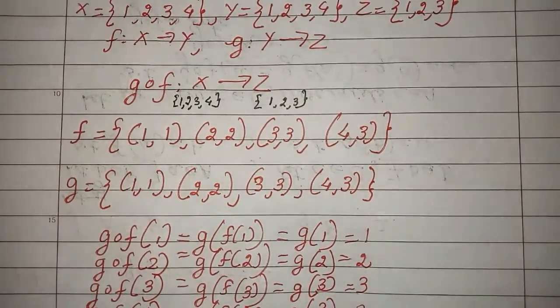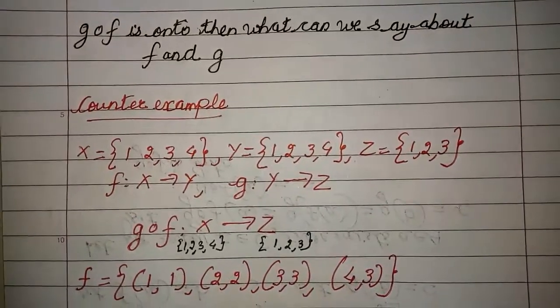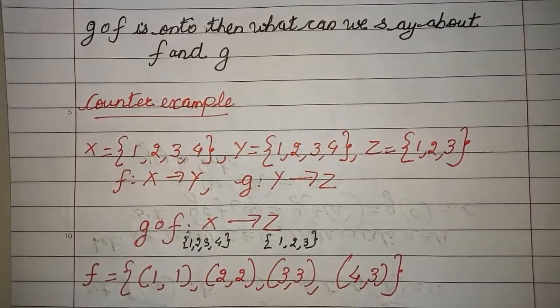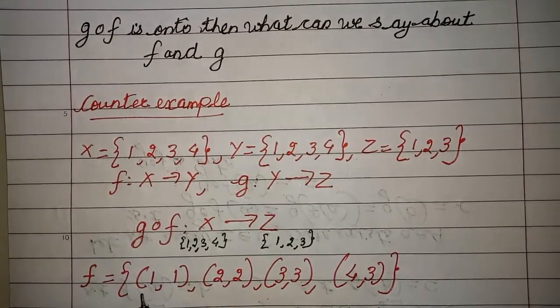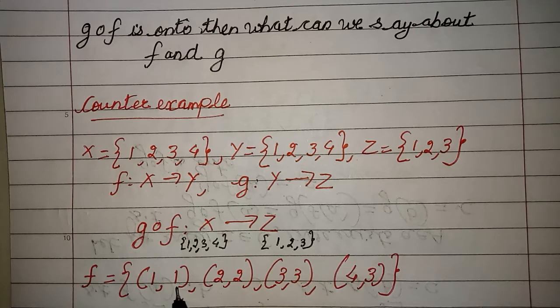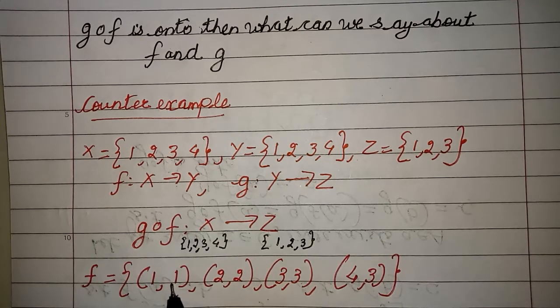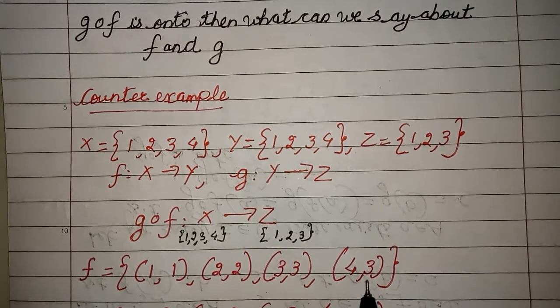Now I have to check whether f and g are onto. My function f is from X to Y. X is 1, 2, 3, 4, Y is also 1, 2, 3, 4. The set of second elements of the ordered pairs is the set of images, which here is 1, 2, 3 and 3.